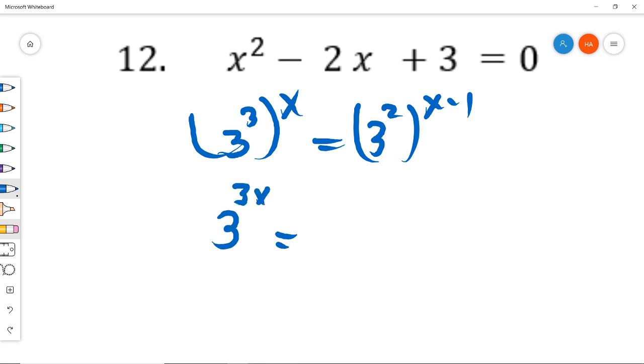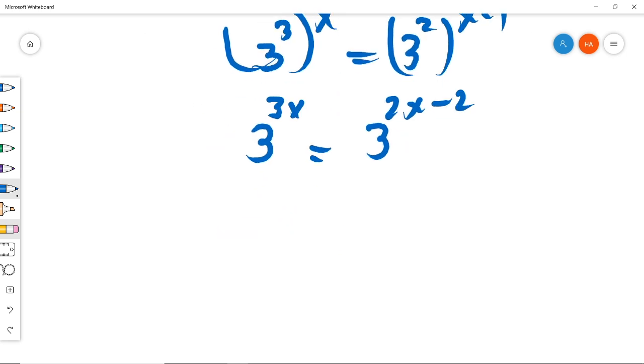Here we multiply the powers, and here also we multiply: 2 times x is 2x, 2 times negative 1 is negative 2. So we get the same base, which is 3. So the exponents equal the exponent. So 3x equals 2x minus 2.